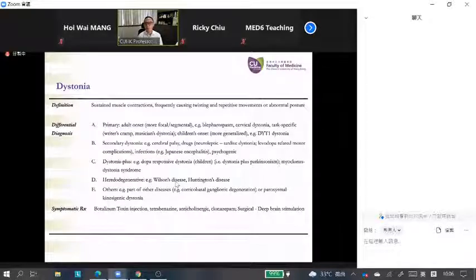So this is blepharospasm. If it affects the sternocleidomastoid muscle, the patient develops this cervical dystonia. Okay, the sustained muscle contraction affecting the sternocleidomastoid muscle. It can be task specific, a writer's cramp or musician's dystonia. If you have friends who are musicians, I have a good classmate who teaches people violin.